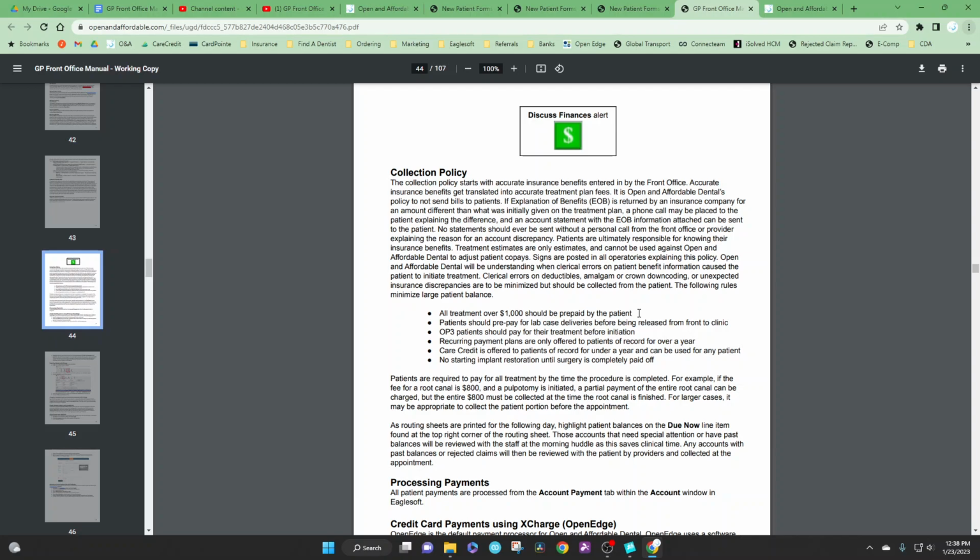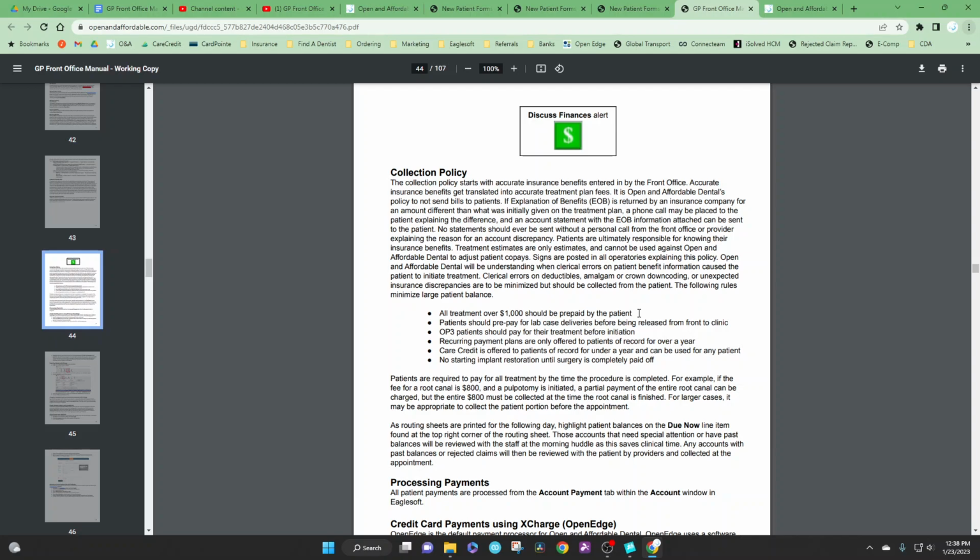Ultimately, the doctor is the one who dictates that. The doctors get paid off of collections, so if the doctor wants to make a rule that is more aggressive than that or more lenient than that, they're welcome to do that. CareCredit is usually offered to patients who have been a patient of record for less than a year.